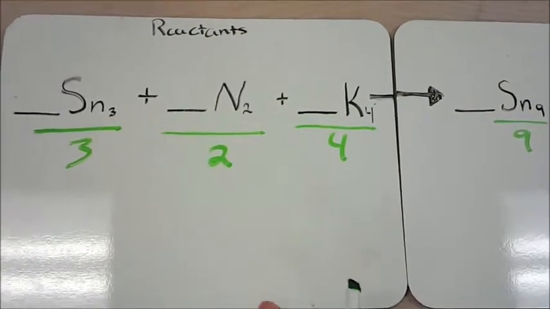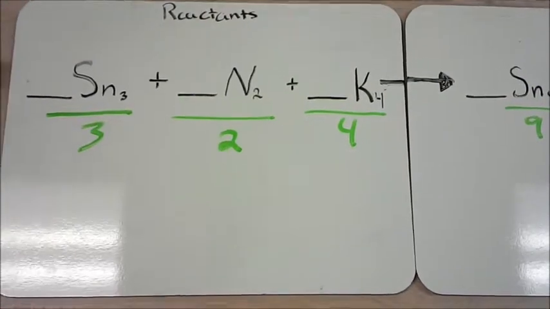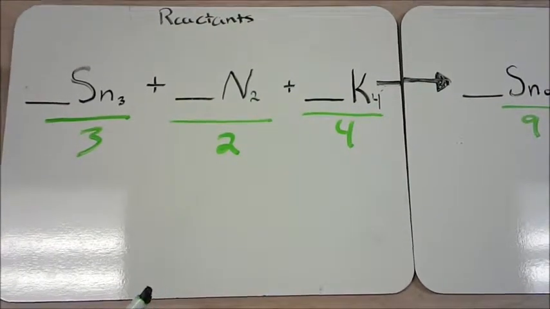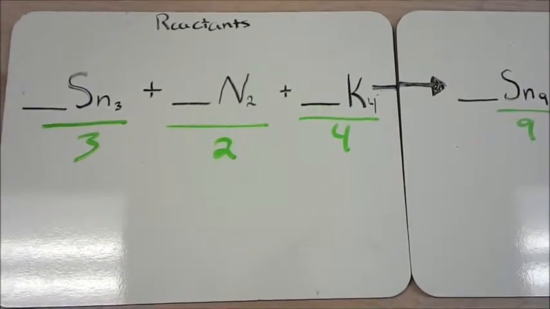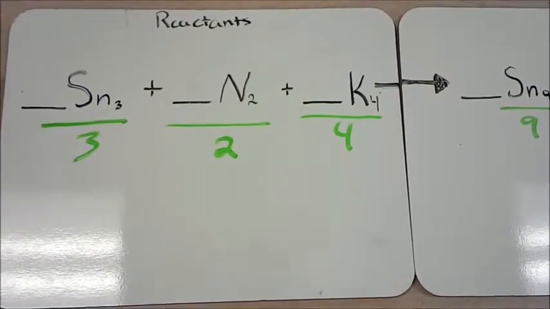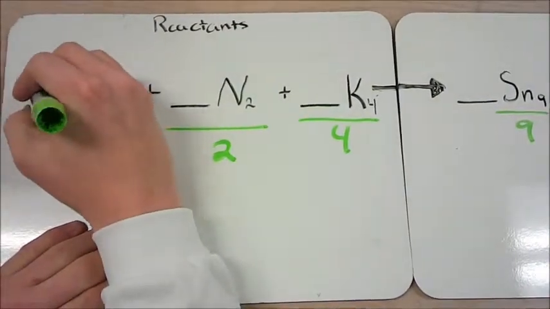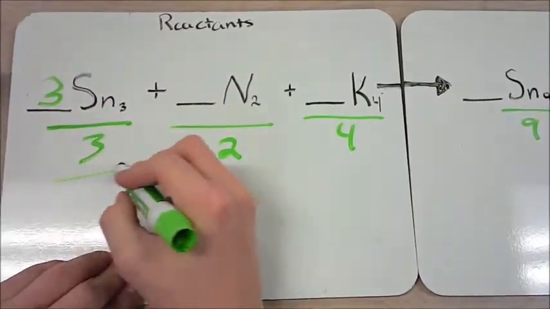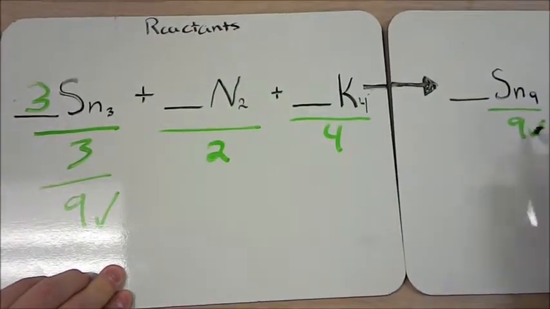You see that you have 3 SN atoms and you have 9, and you say, oh, well, 9 is just 3 times as many SN atoms I have on the product side as I have on the reactant side. So we're going to multiply SN by 3 and make it 9. So right now, both of these are balanced.